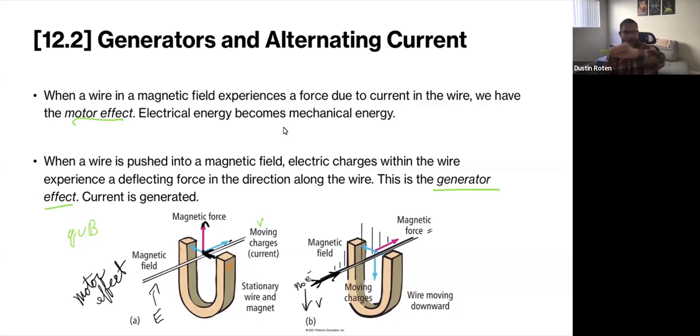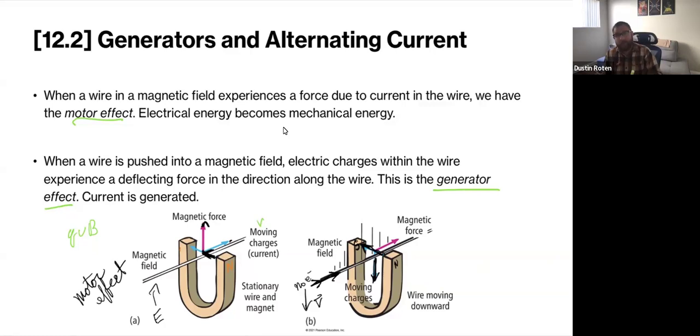They're not moving in the wire side to side. They're moving down. So we do have a velocity. We have moving charges going down. This is a big horseshoe magnet, so we know we have a magnetic field pointing this way. So that's going to be north-south. So we have everything in our recipe for a magnetic force.